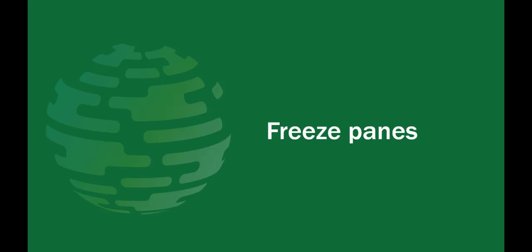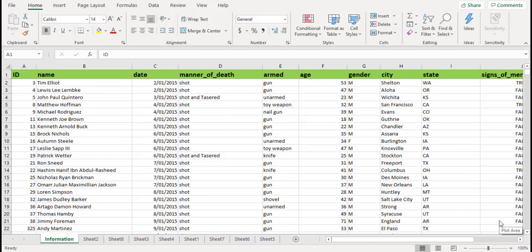Since I still have time, my last tip is going to be on how freeze panes works. Freeze panes is used to lock more than one row or column, or it's used to lock rows and columns at the same time.